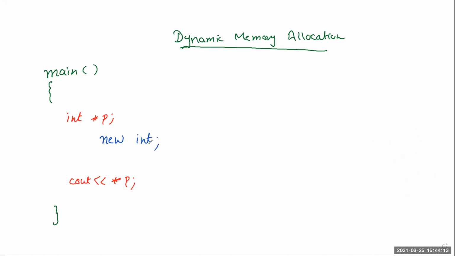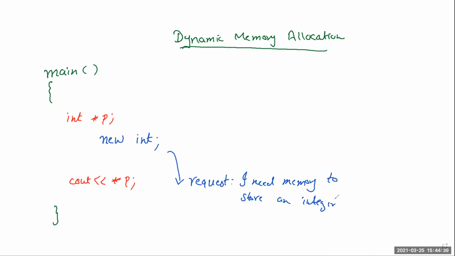So I will write new int, which is a request. What is that request? I need memory to store an integer. So new int is basically requesting the program, I need memory to store an integer.